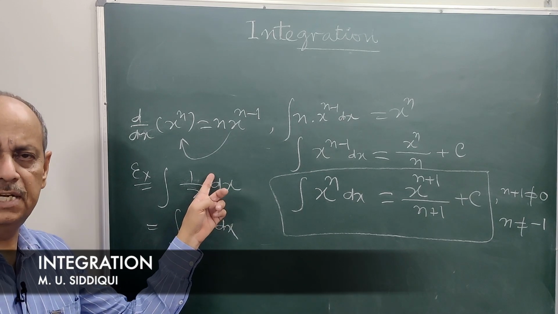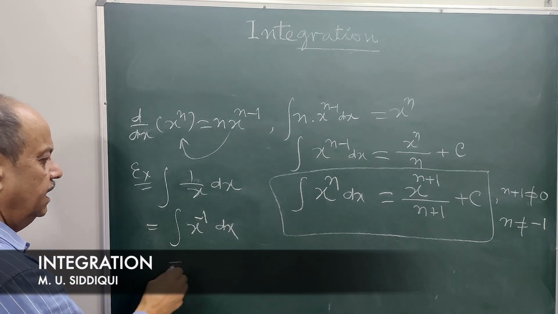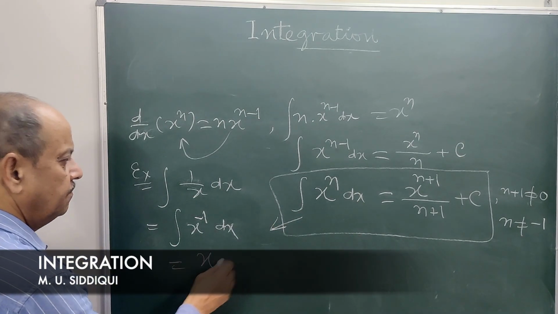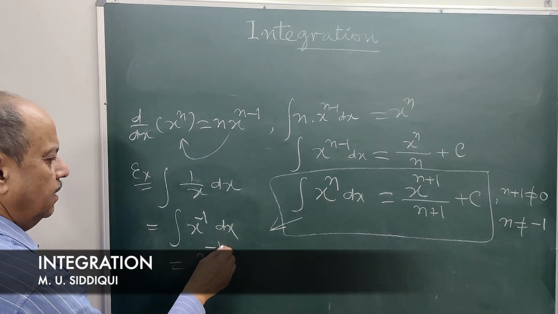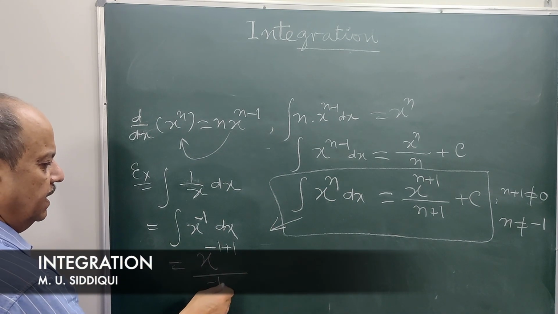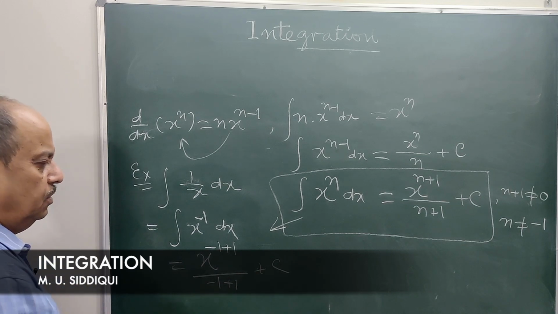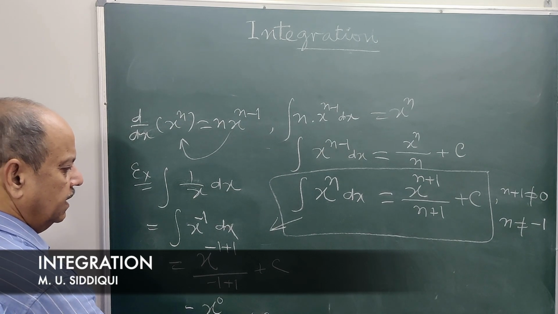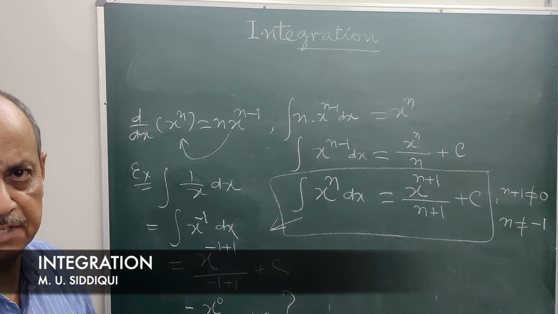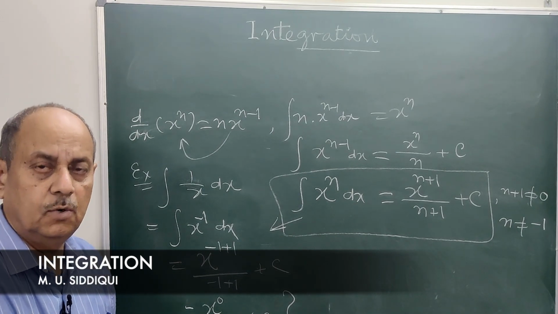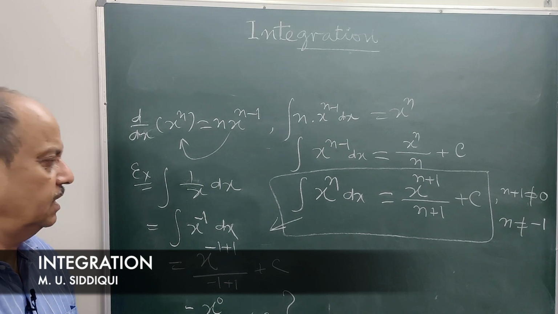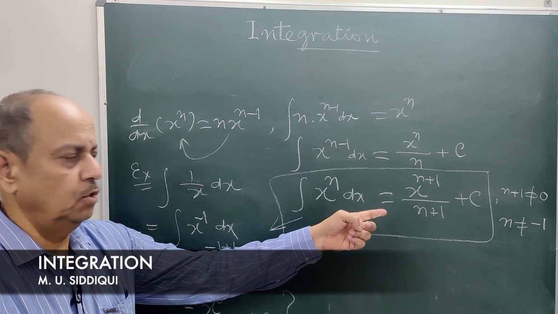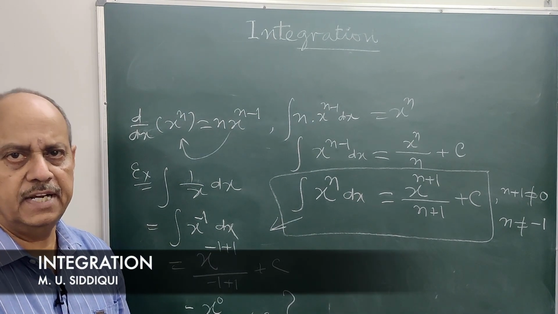If you apply this formula, it will become x to the power minus 1 plus 1, divided by the new power, which is minus 1 plus 1, plus c. And what do you get here? You get x to the power 0 divided by 0 plus c. It has no meaning, because division by 0 is inadmissible. It is not allowed to divide any expression by 0. That is the reason it has been mentioned that n should not be minus 1.